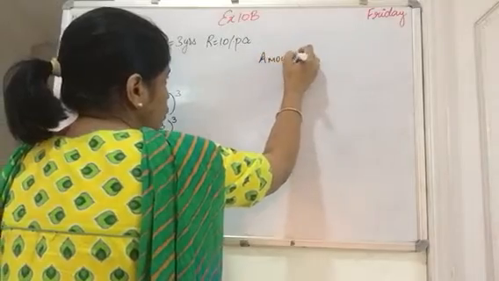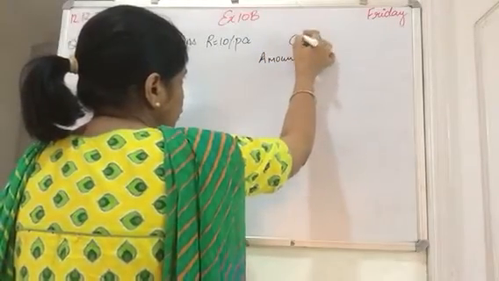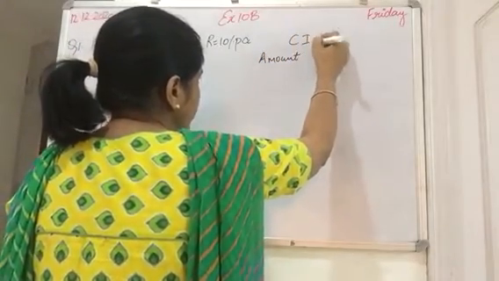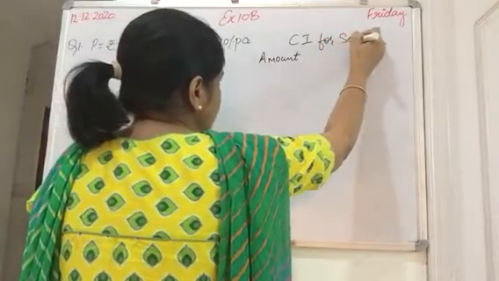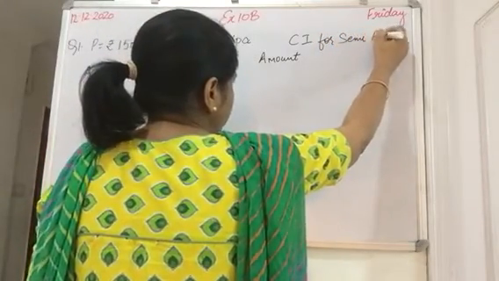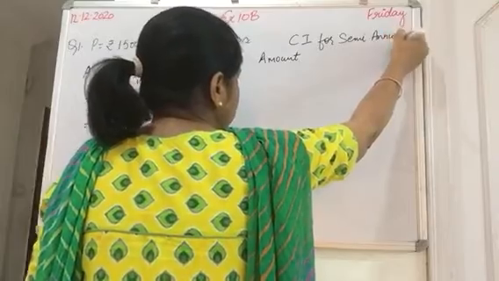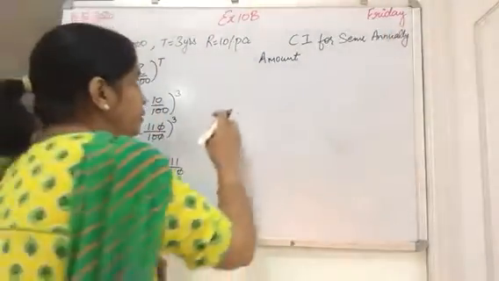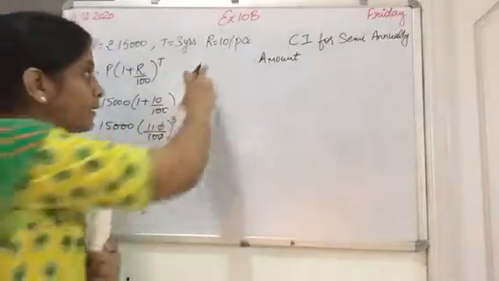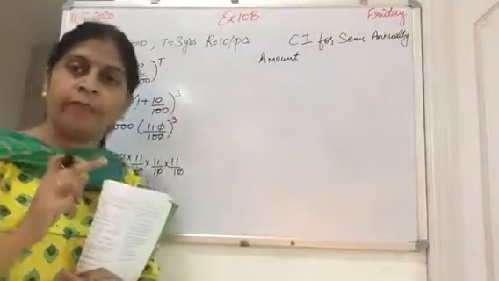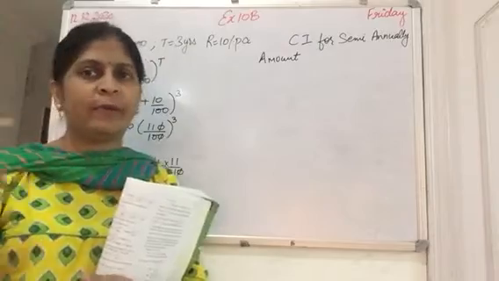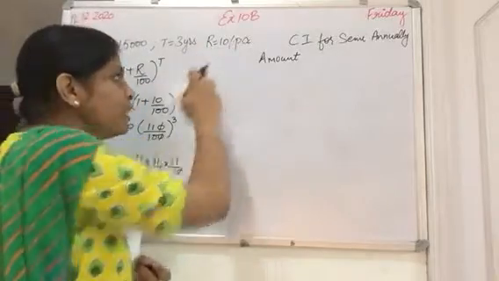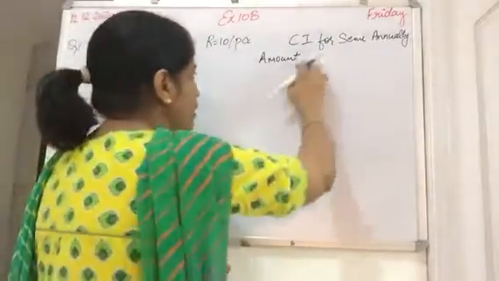Amount, compound interest for semi-annually. In semi-annually, the rate is 10% per annum. Interest will be paid double, but the rate is on a yearly basis and it is said semi-annually.